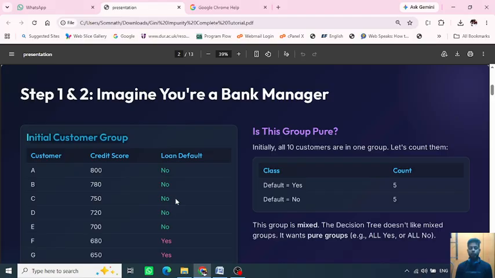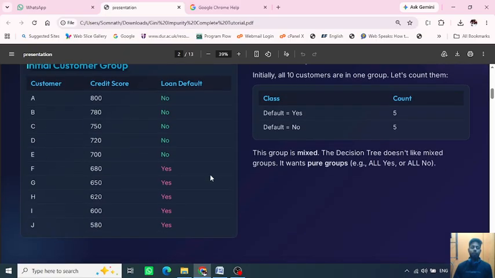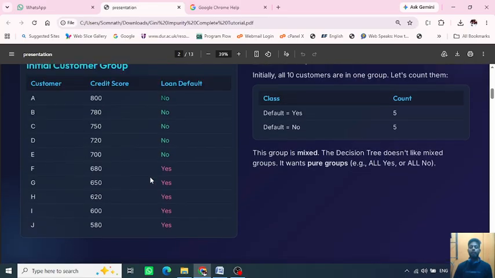It will only identify whether the customer will default or not, yes or no questions. So if the data set has both the classes yes and no, this type of data group is called an impure group. And if the data set only has a specific class, like no or yes, then we can say the data set is pure.